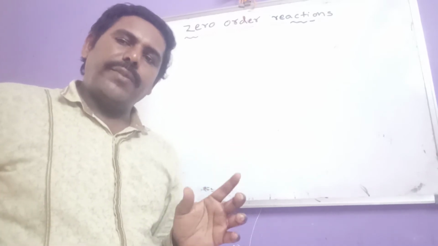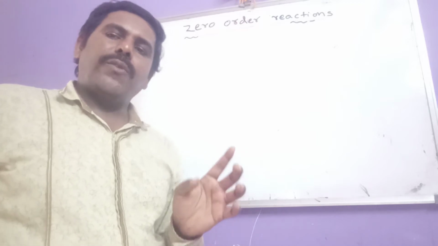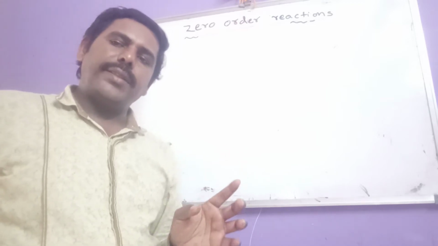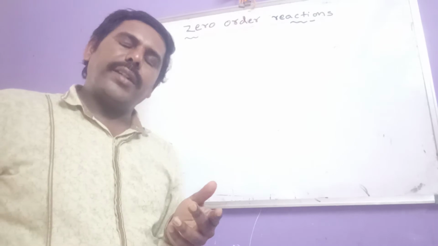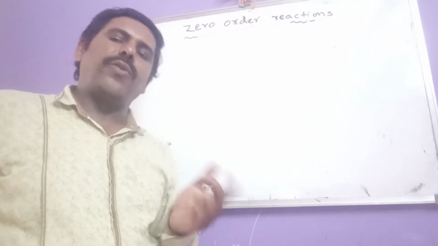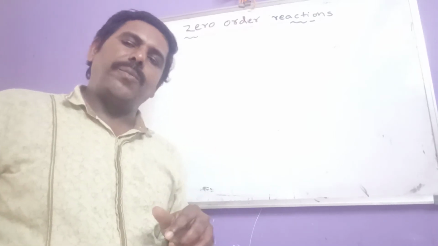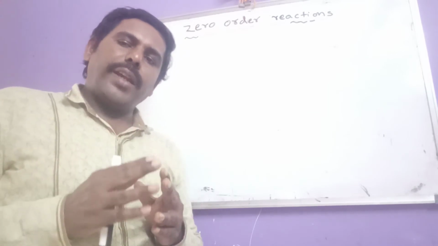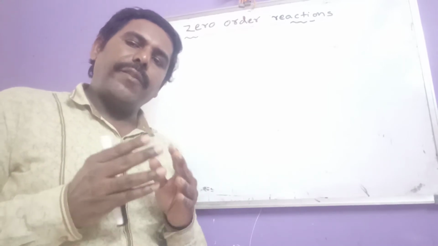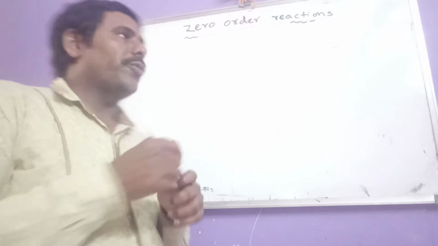Now, what are the examples of zero order reactions? First one is photosynthesis. The photosynthesis reaction is independent of the concentration of CO2 and water. And the second example is the photochemical reaction between H2 and Cl2.